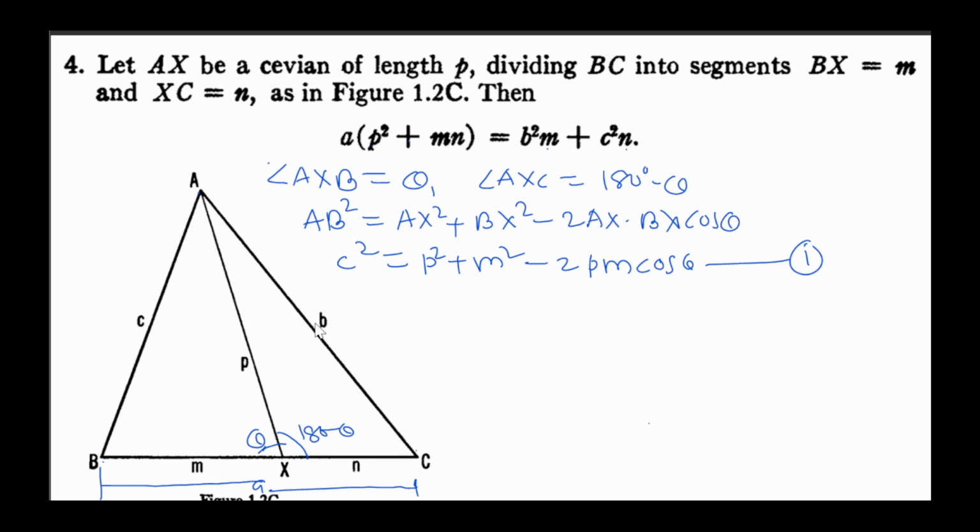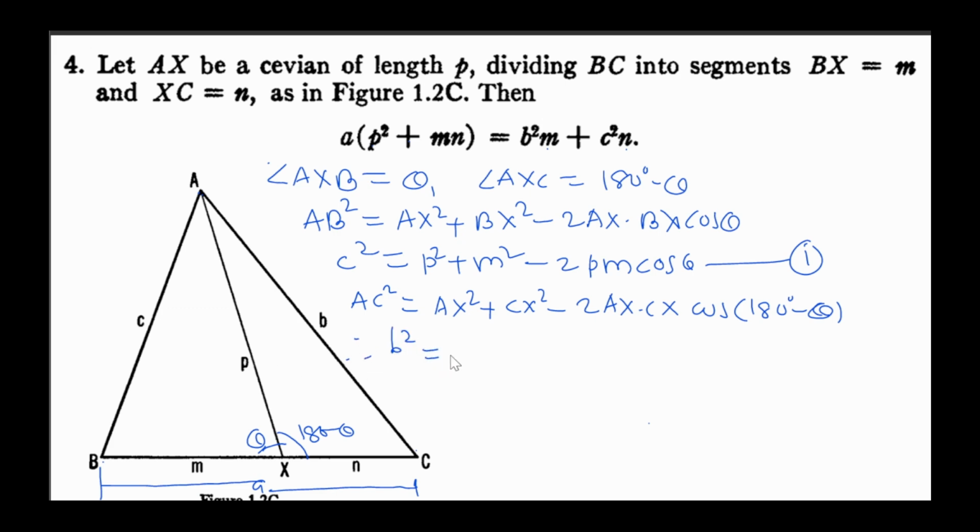Now we also apply the cosine law for the triangle ACX. We get AC square is equal to AX square plus CX square minus 2 into AX into CX into cos of angle AXC, that is 180 degrees minus theta.